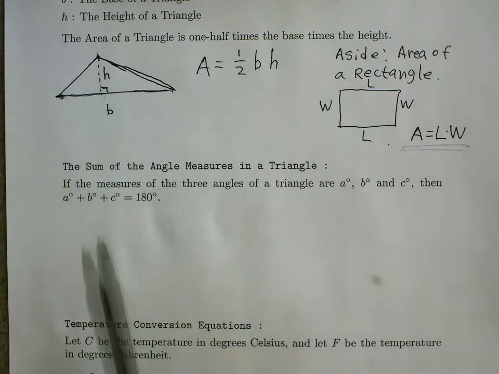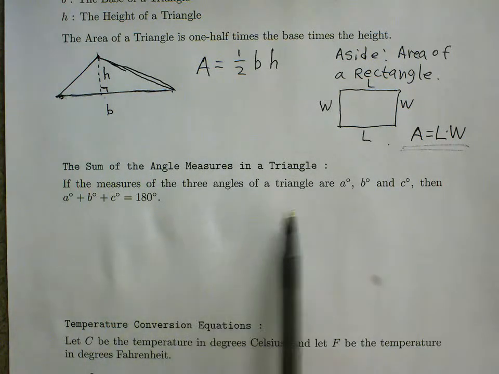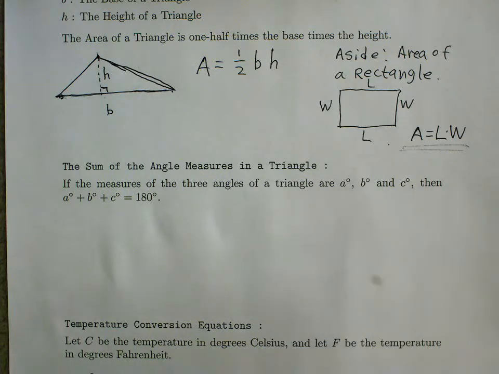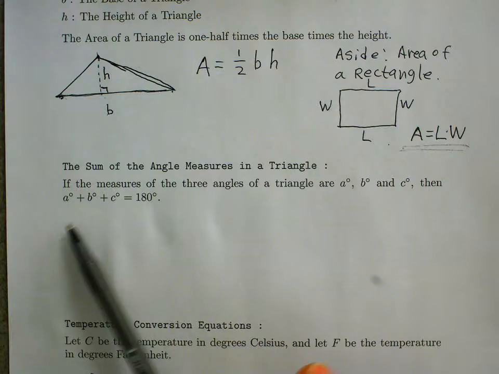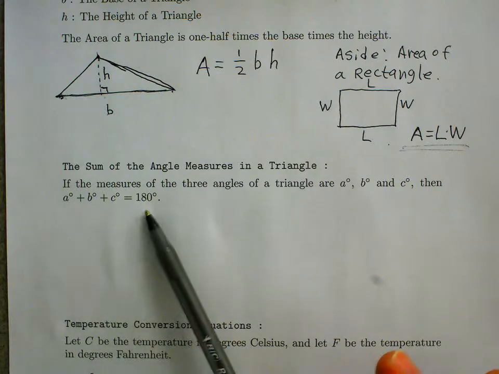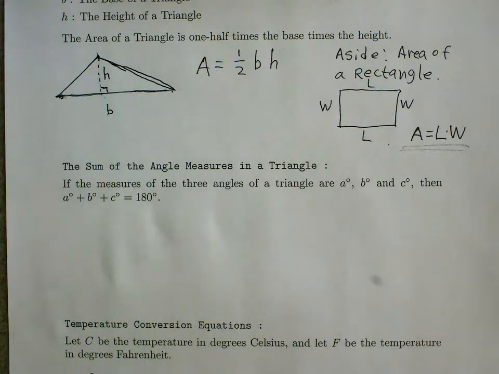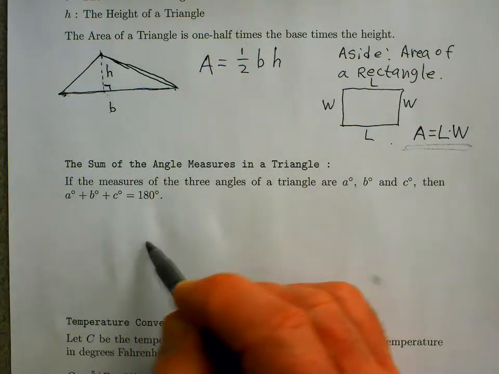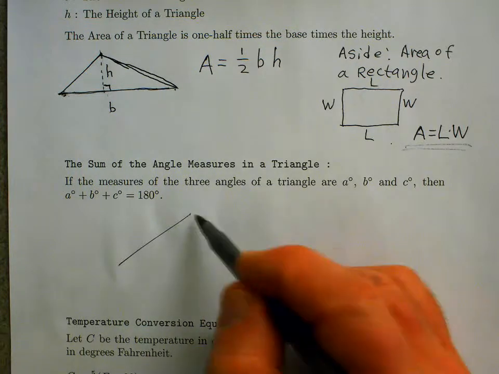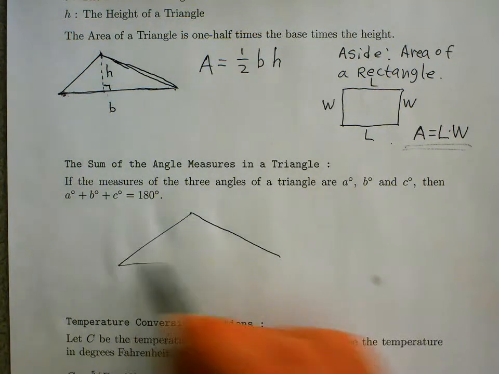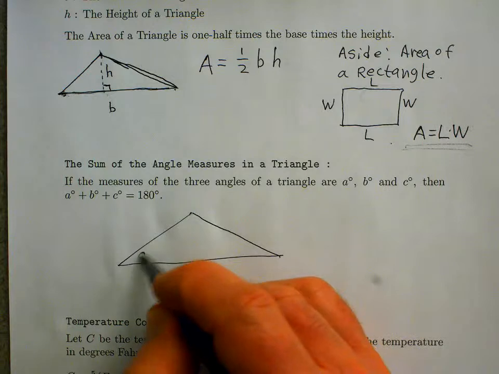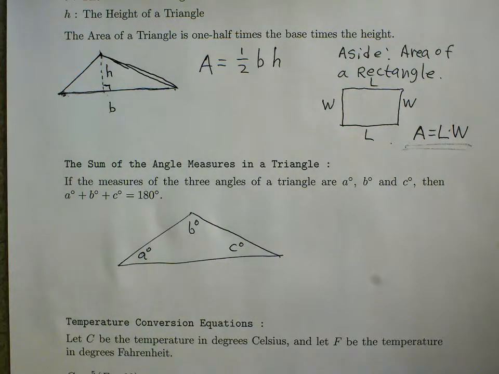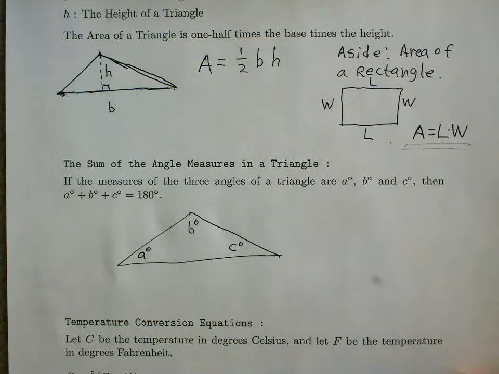If the measures of the three angles of a triangle are A degrees, B degrees, and C degrees, then when you add A degrees plus B degrees plus C degrees, it has to add up to 180 degrees. So no matter what the triangle looks like, the sum of the angle measures has to be 180 degrees.